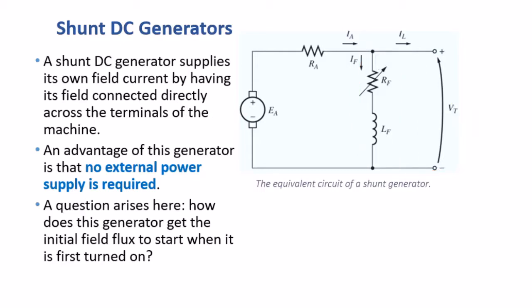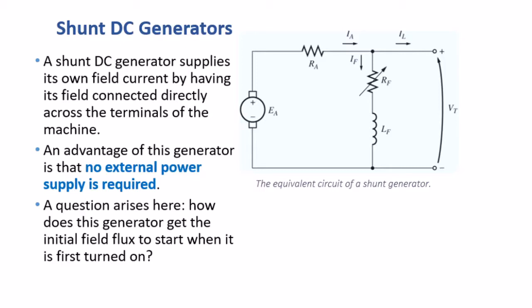Now, the advantage of this generator is that no external power supply is required, and this advantage is also shared with the other types of DC generators apart from the first one that we discussed before. However, a question arises here: how does this generator get the initial field flux to start when it is first turned on?